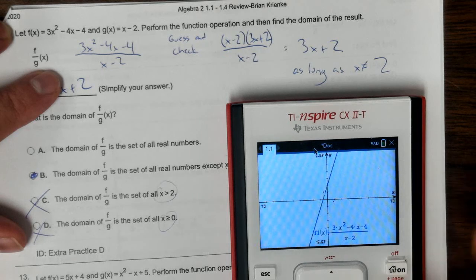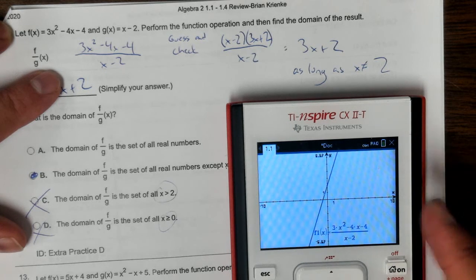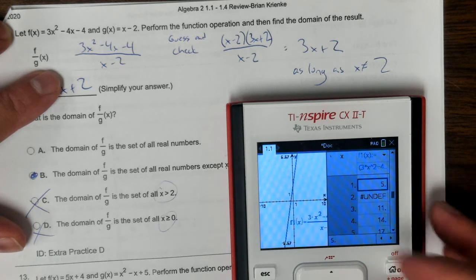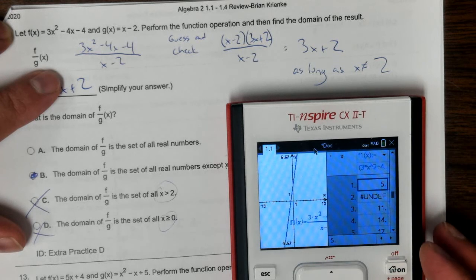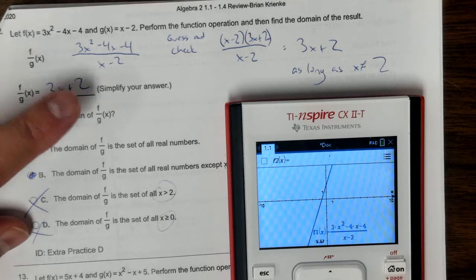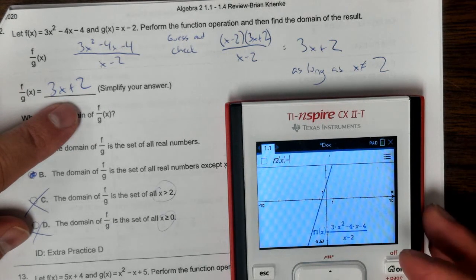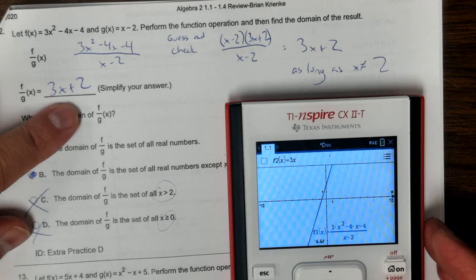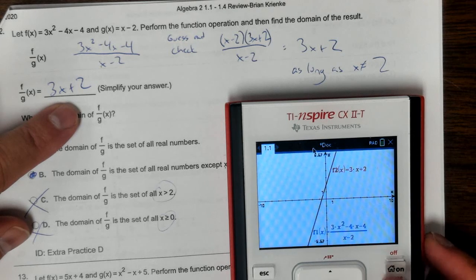We've talked before about you looking in your table, and at 2 it's undefined. But what I wanted to do just now was say, oh, we got 3x plus 2. Let's see if that really matched. 3x plus 2. And yes, it did.